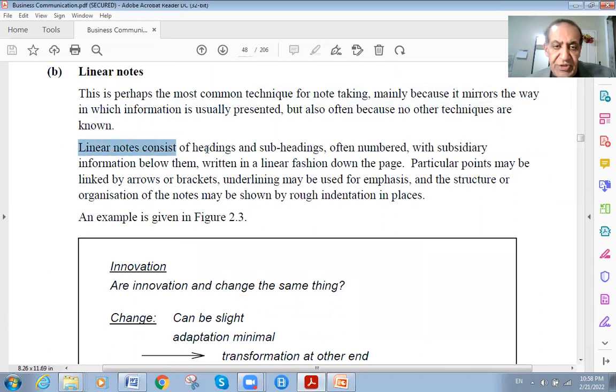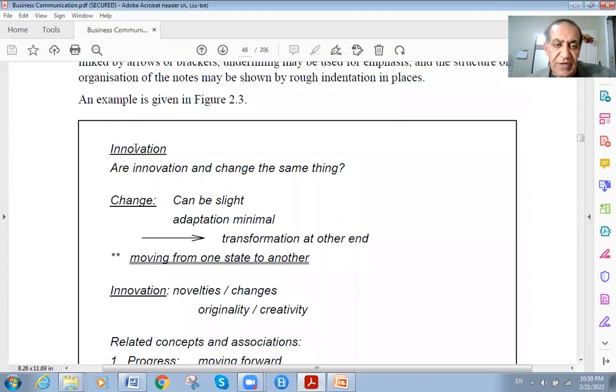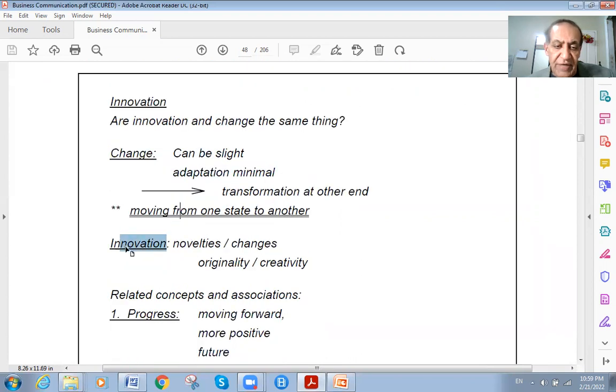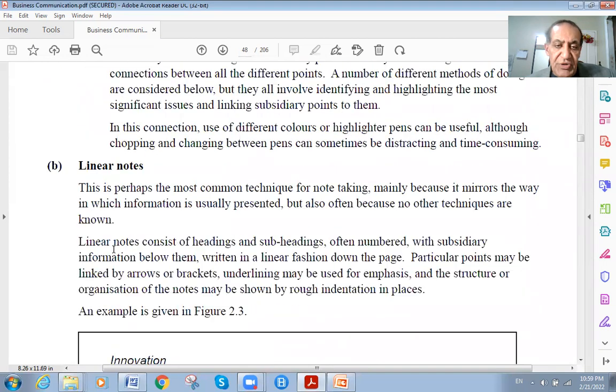Linear notes consist of headings and subheadings. See the example here: innovation and change, the meaning of change, then the meaning of innovation. So you will take notes like this. You will go to the main ideas, and then move into the sub ideas later on.